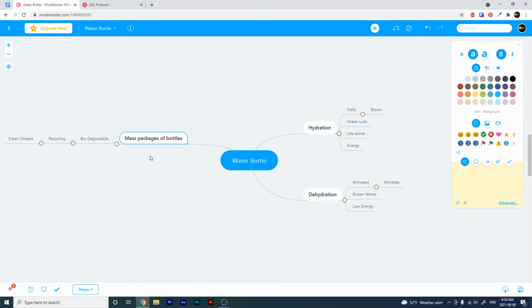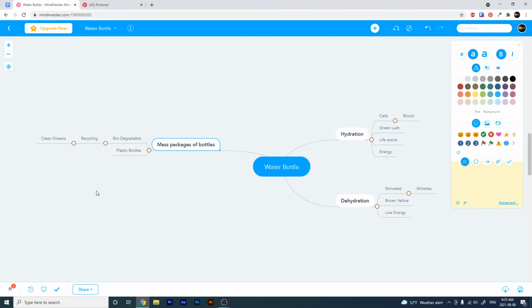And from this, I could think of, say, maybe plastic bottles. So here you see we've come up with a few different ideas from one central thought. And now I have ideas where I can maybe grab inspiration from for my design.